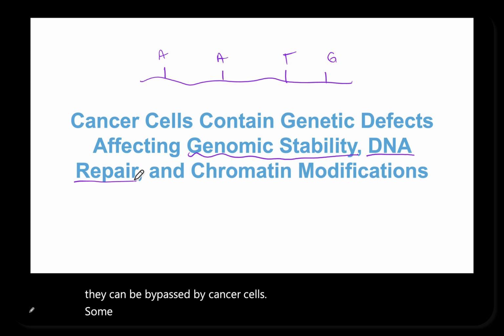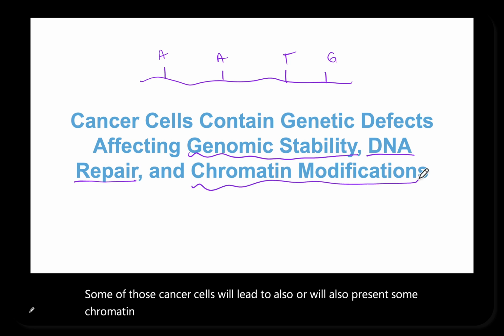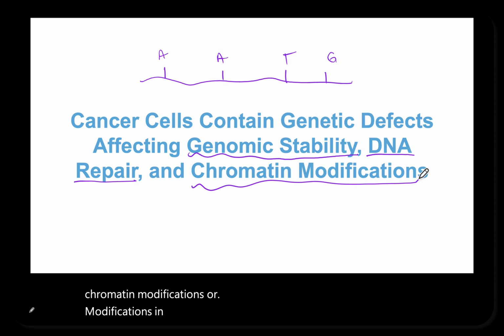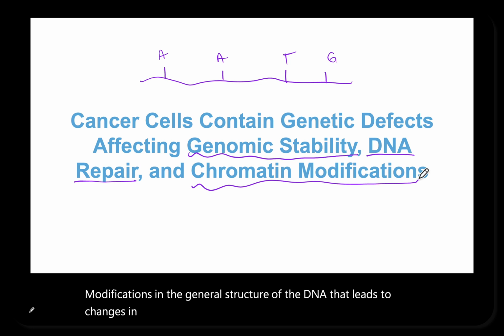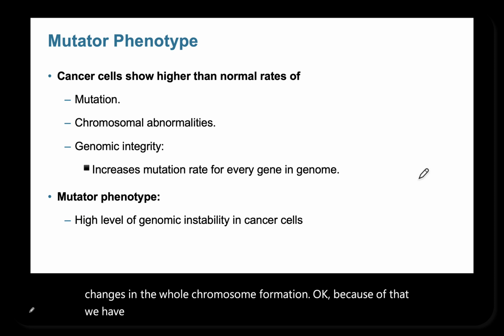Some of those cancer cells will also present chromatin modifications, or modifications in the general structure of the DNA that lead to changes in the whole chromosome formation. Because of that, we have a mutator phenotype.